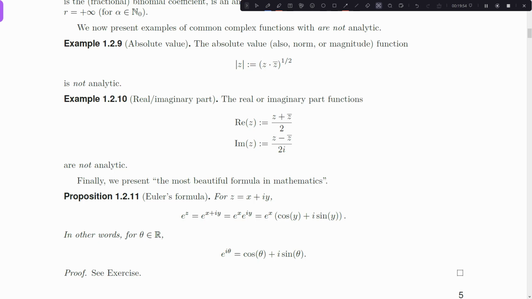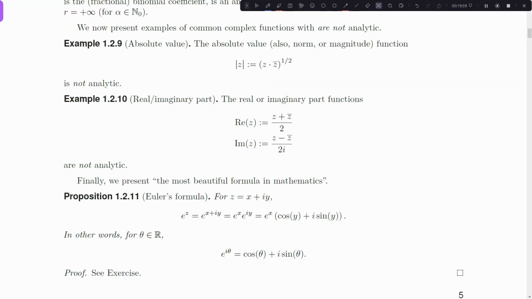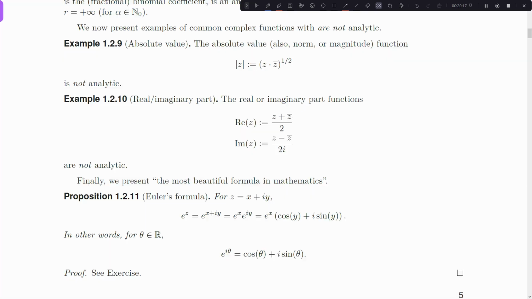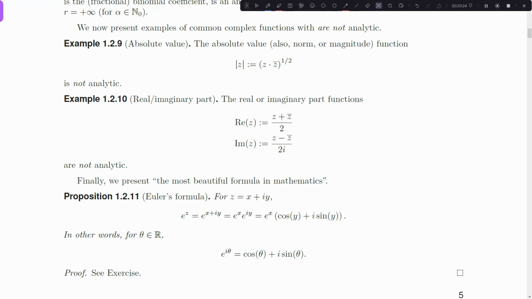So you're never going to be able to gain a power series which approximates this absolute value. So this is never going to be analytic. These real or imaginary parts are also never going to be analytic. In many ways, long story short, if it contains the conjugate function, it is not an analytic function. So if it contains the conjugate function inside of it, you're not going to be able to write a power series that makes that work.